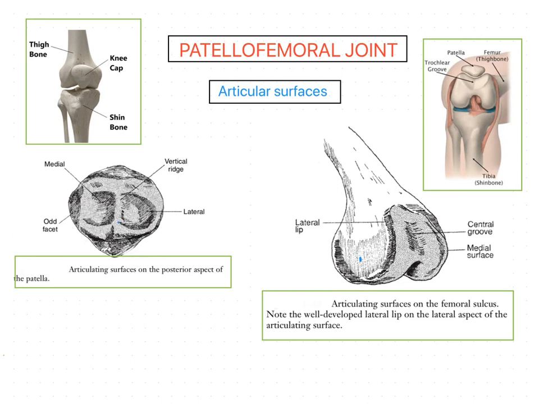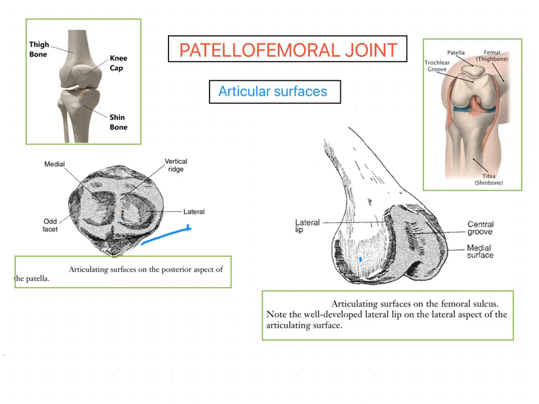The posterior surface of the patella articulates with the central groove or trochlear-like groove which is present in front of the femoral condyles. Now we will see the posterior surface of the patella.